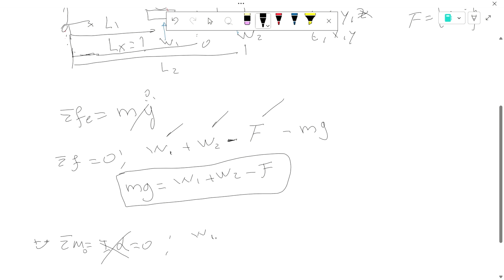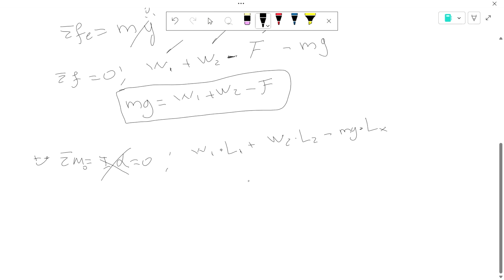So W1 times L1 plus W2 times L2 minus mg times Lx. Obviously, all the lengths can be measured and known, and all the weights can be measured and known. This is equal to 0. So see how simple this is? This is a number, that is a number, this is a number.